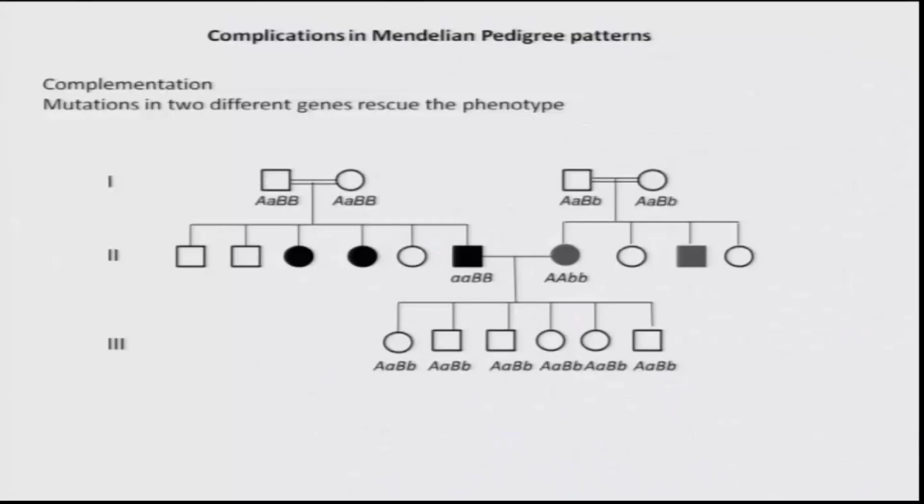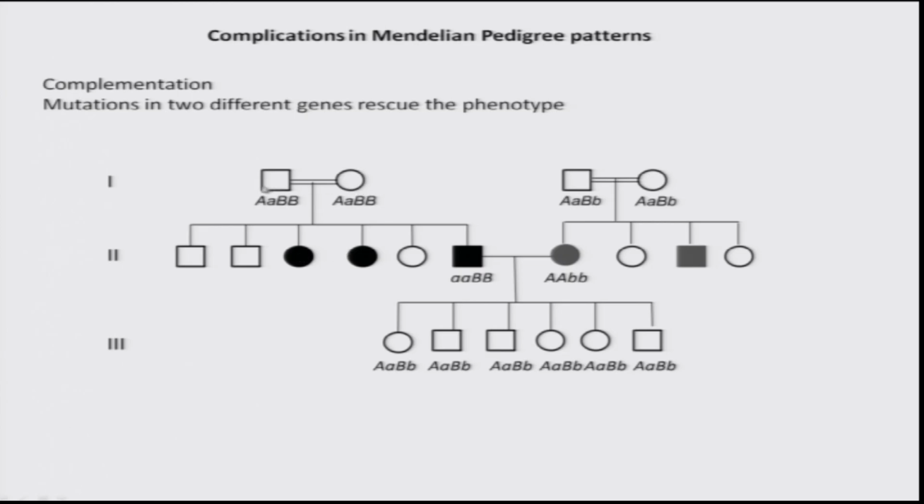Let us see like here. You are talking about a genetic defect in two different genes, and here in this family, for example, it is resulting from a defect in, for example, this small a, right.